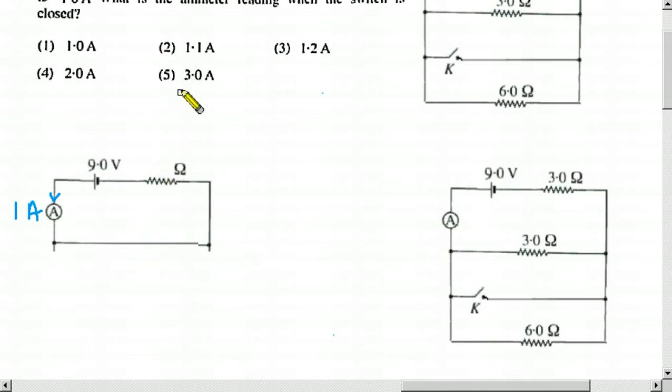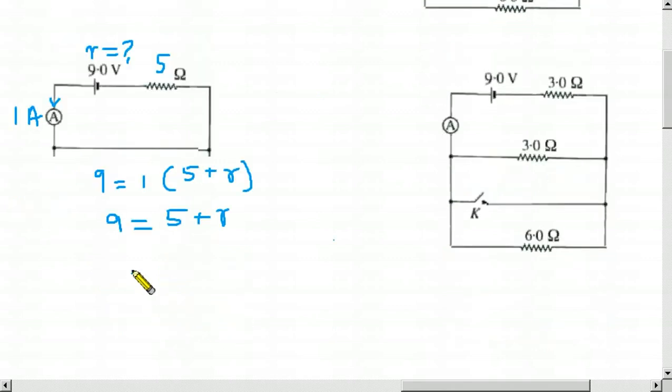We draw one resistor whose resistance is 5. So simple r we don't know, so I write the equation E equals I times (R plus r). So 9 equals 1 times (5 plus r). Then 9 equals 5 plus r. Then r equals 9 minus 5, which is 4.